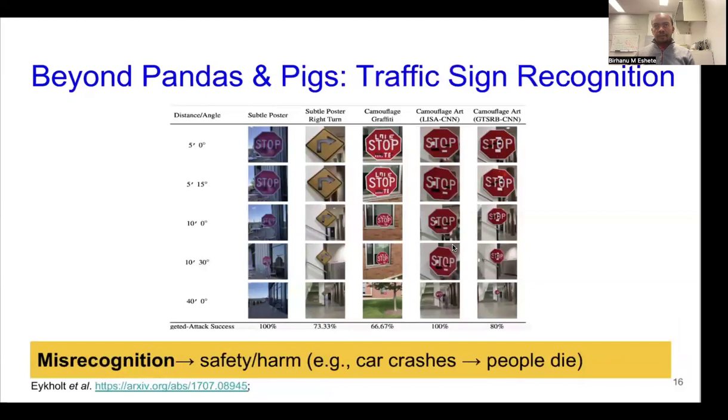On another safety critical implication, here is an example of how people demonstrated traffic sign recognition going wrong in the sense of self-driving cars. What you see on these rows are different perturbations that they applied. And by the way, these are all physical attacks, not done in the digital world.